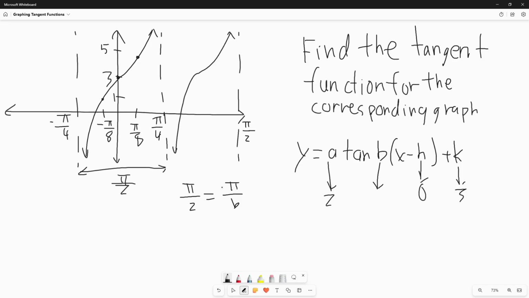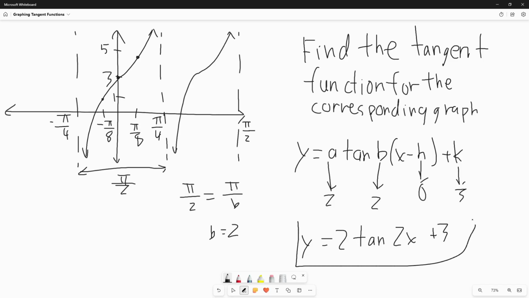And we notice that the numerators are the same, so the denominators must be the same, which makes b equal to 2. So this is just 2. Now let's rewrite our equation, plugging in the numbers. So it's going to be y = 2 tan(2x) + 3. And this is your equation.